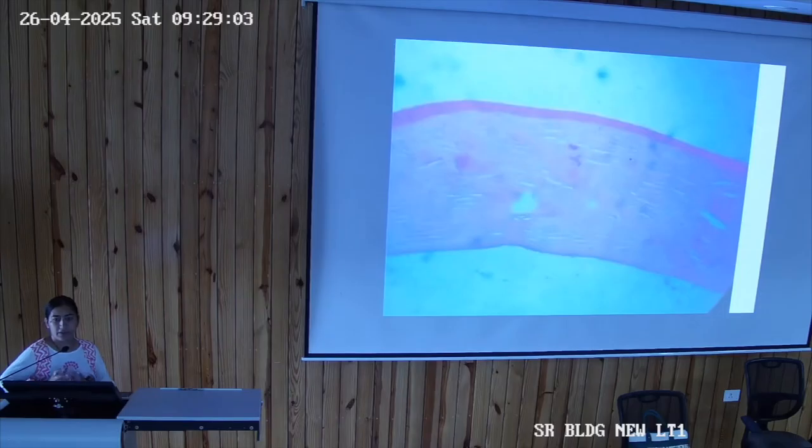If you can, how many can you identify? All layers can be identified? This is what you will see in the microscope. Will you be able to identify this is a cornea? Yes? Will you be able to identify? Is it yes or no?